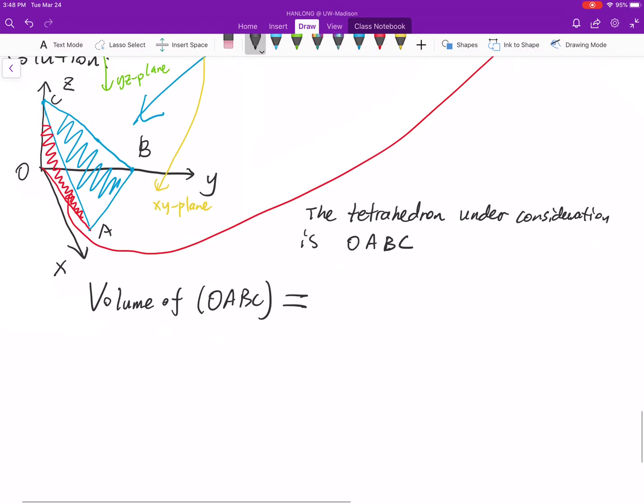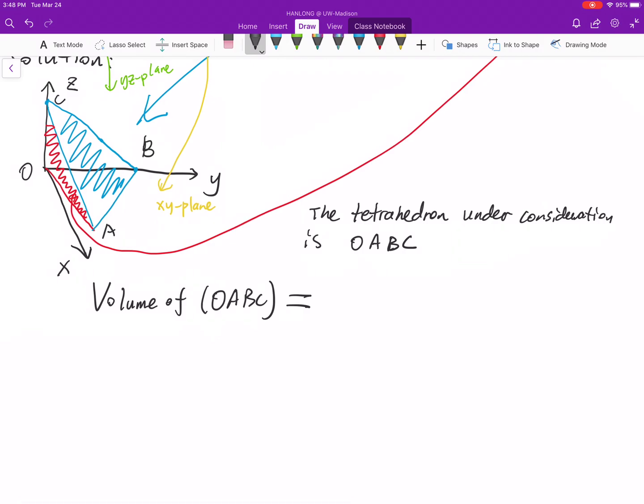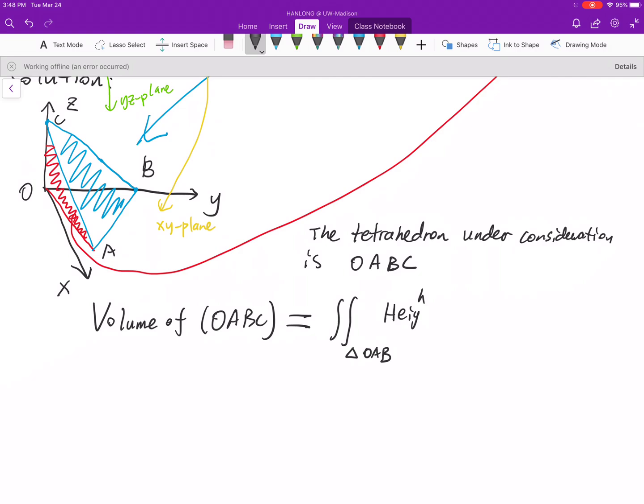Equals... the volume of OABC equals the integral over triangle OAB of the function height dA.